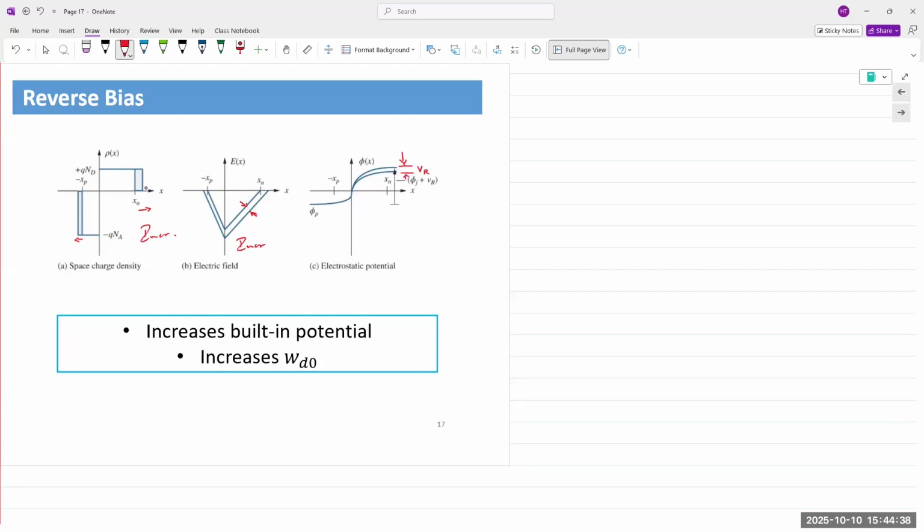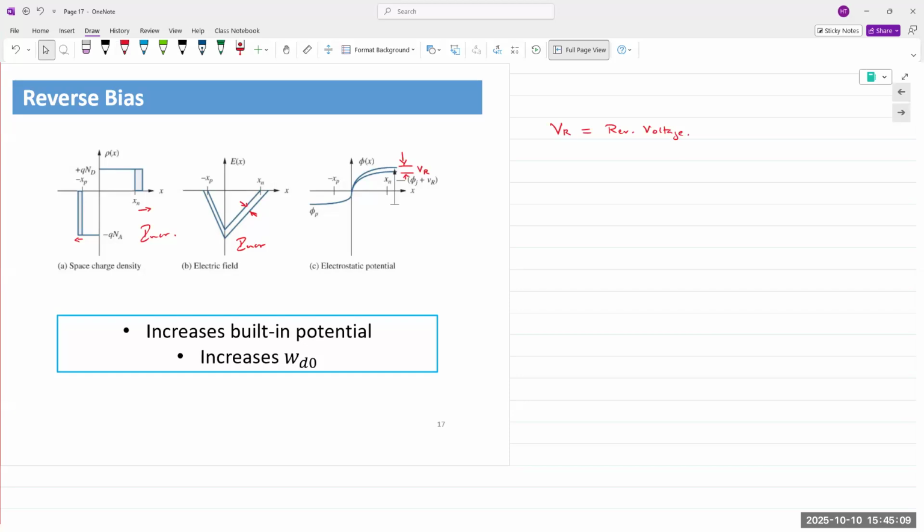VR here, by the way, is simply the reverse voltage. It is by how much it's increasing. So the original junction potential is now increasing, and that increase is characterized as VR. That's the voltage that we're applying in reverse bias. So it increases the built-in potential, increases WD0.